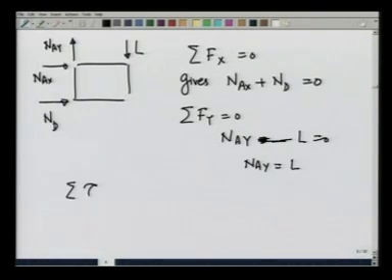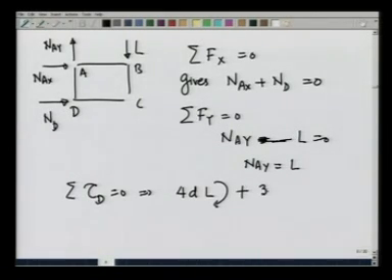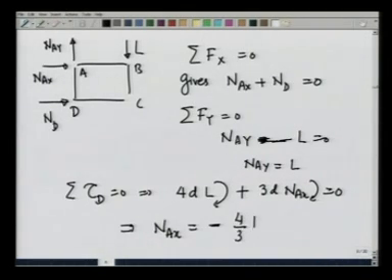Summation torque about D, this is point D, A, B, C, is equal to 0, gives 4 D times L clockwise plus 3 D times N A x also clockwise should be 0, and this implies that N A x equals minus 4/3 L, and the minus sign tells you that its direction, let me make it with red, should be this way.